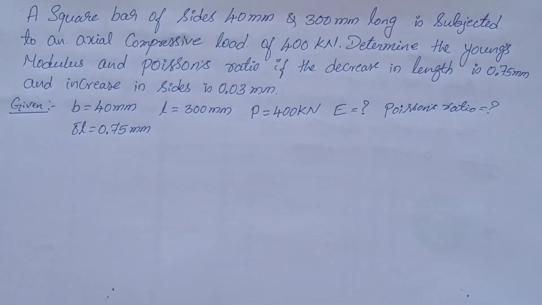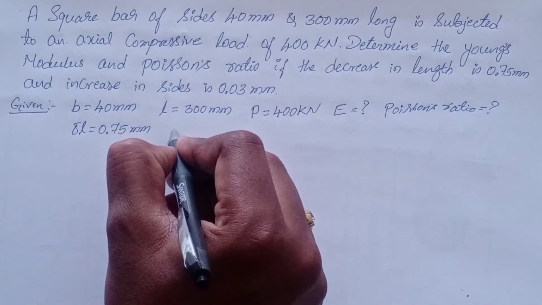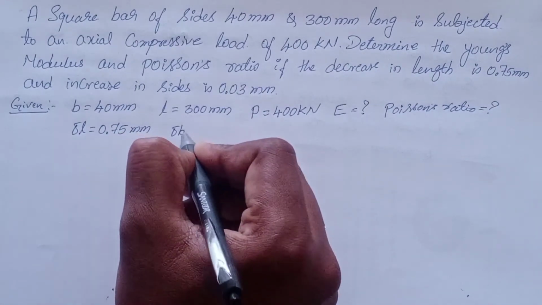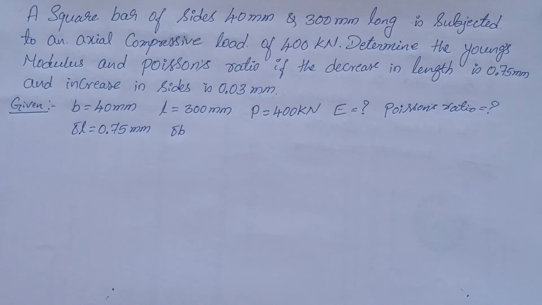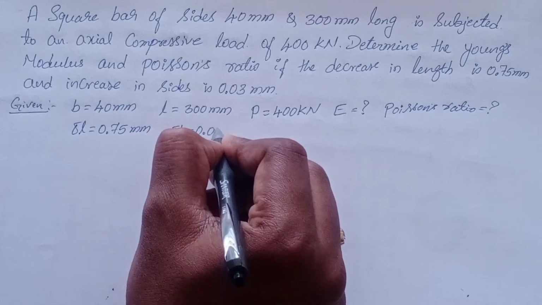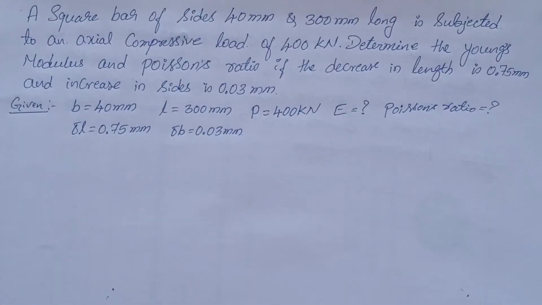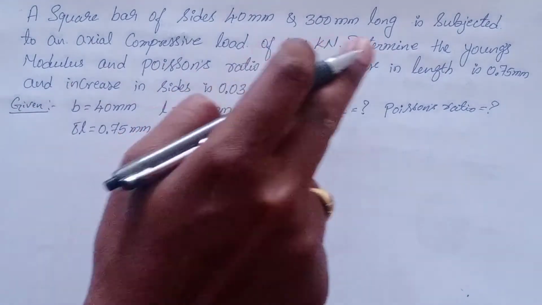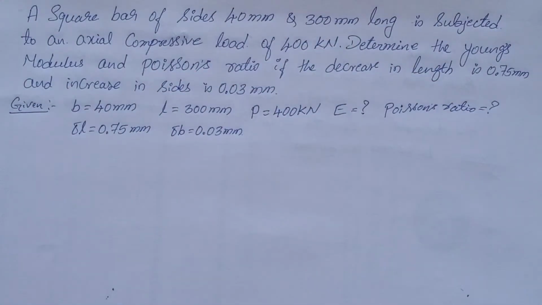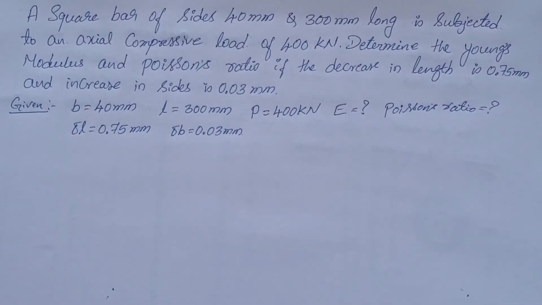The side is considered as B. So delta B, the decrease or change in side, is considered as delta B. Delta B is equal to 0.03 mm.